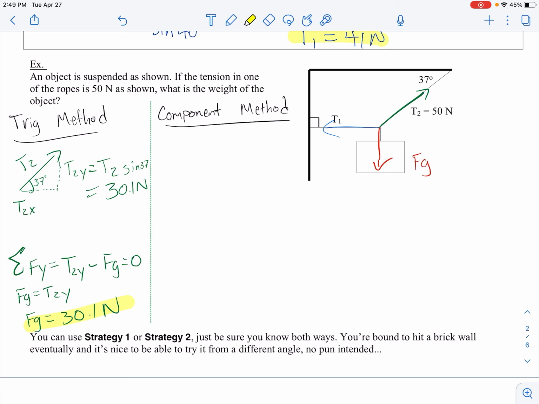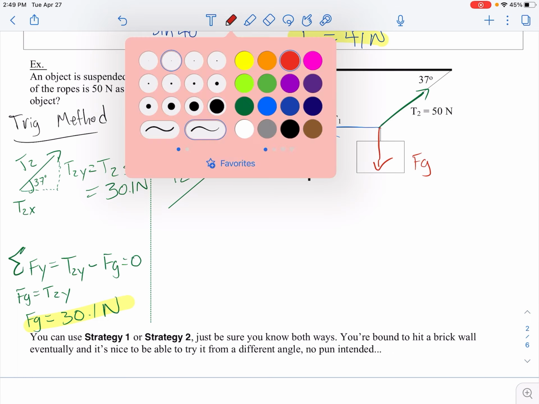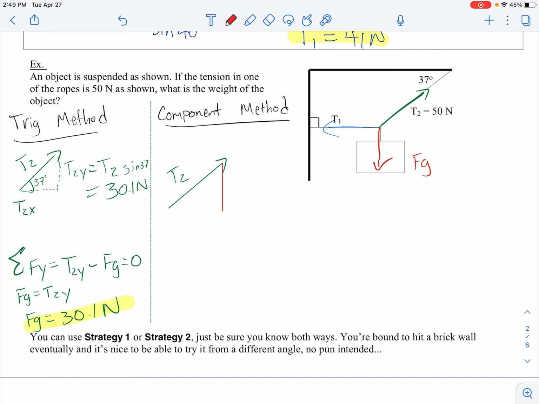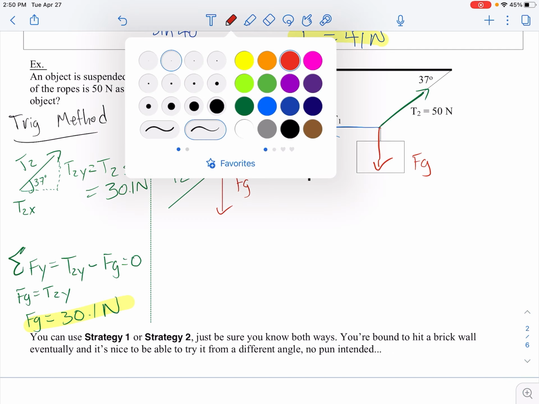All right, we can also work this out in the component method. So in this case, we can draw all three of our components. We can draw out a right triangle, because we get T2, we have Fg, and then we have T1.